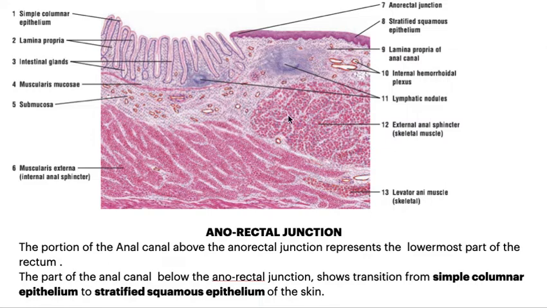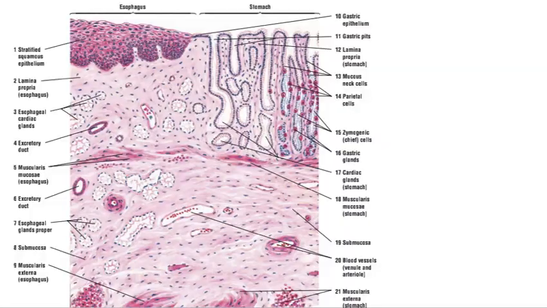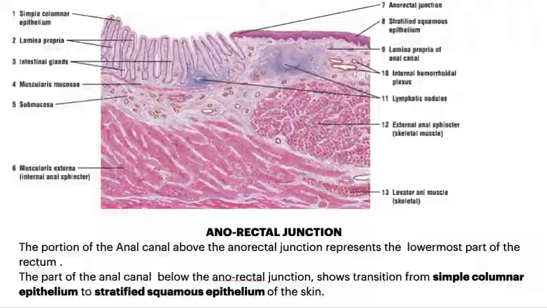So the portion of the anal canal above the anorectal junction represents the lowermost part of the rectum. This part of the anal canal below the anorectal junction shows transition from simple columnar epithelium to the stratified epithelium of the skin. Now you can compare the slide of the esophageal stomach cardiac junction and the anorectal junction.